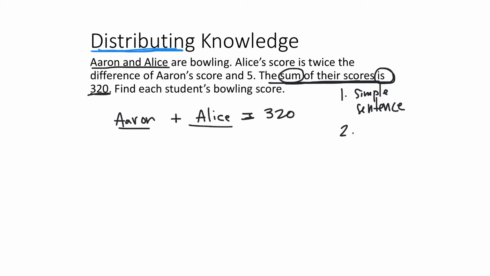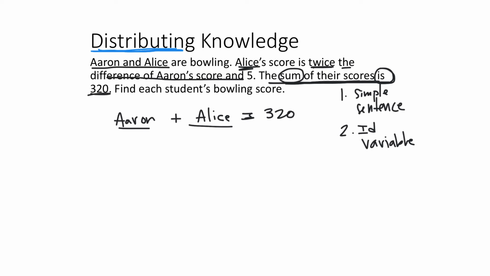Now in this particular case, we want to be able to identify our variables. Unfortunately we have two different people here and two different scores, but we have a comparison that can create one person's score if we know the other person's score. It says Alice's score is twice the difference of Aaron's score and 5. So if you look back at our trigger words, we have twice the difference, or in a way multiplying by 2, because that's what twice is, the difference of a score and something else.